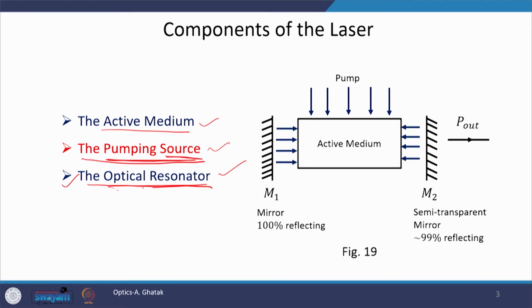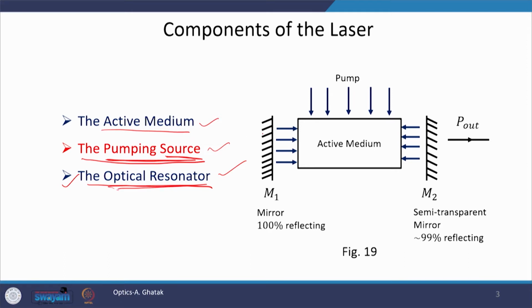These two mirrors work as an oscillator, because the photons oscillate between them, and once a photon interacts with the inverted atomic system, it initiates the downward transition, which in turn provides us the gain. Therefore, the optical resonator is a very important part of a laser.